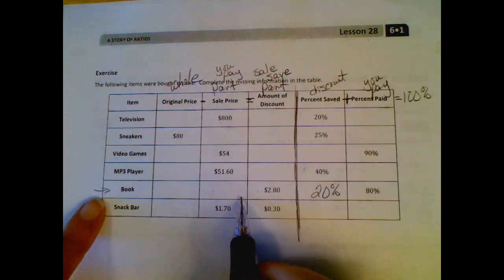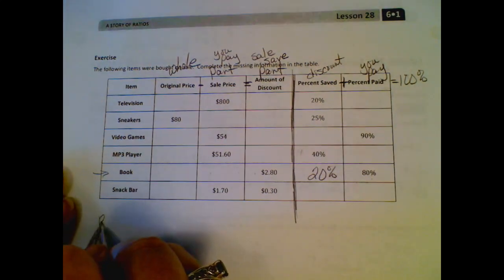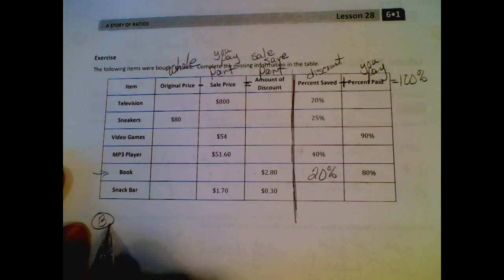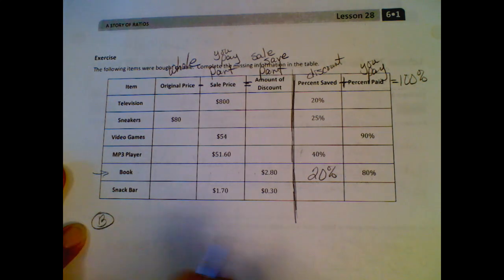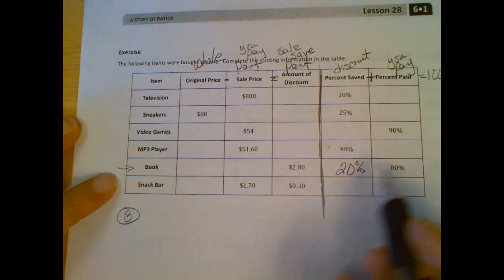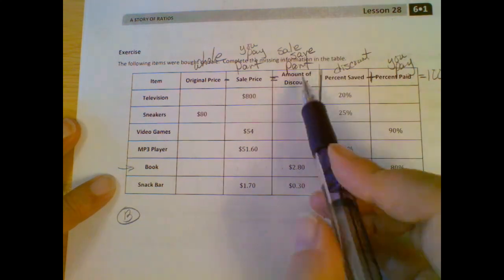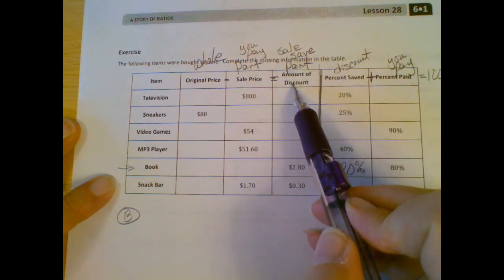So going back to our book, up here, I'm going to mark it book because I'm going to have lots and lots of work on this page, and I need to be able to indicate what is what. So scooching it over, book. What they gave us is the sale part, the amount of discount.